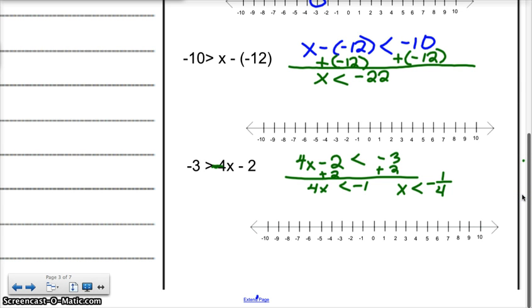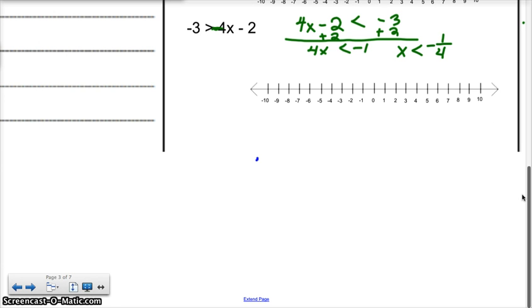Now, graphing it, I'm just a little over 0, like a quarter of the way, so I'd be about right there. Oh, it's an open circle. Open circle at negative 1/4, going to the left. A little bit bigger than 0.